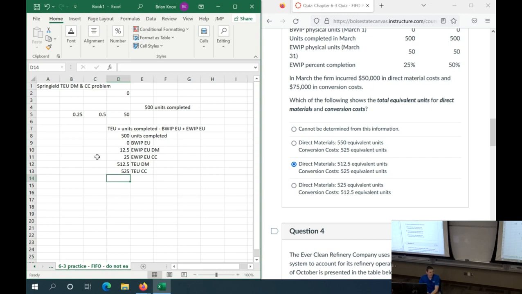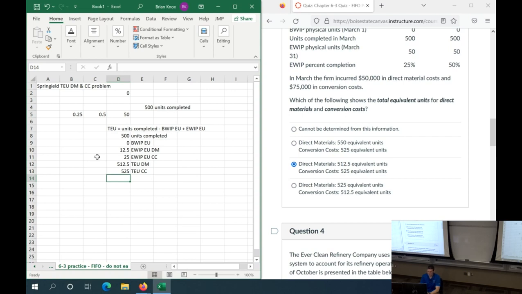So, would this problem be any different if we forgot it was a FIFO problem and did it as if it were a weighted average problem? Would we get the same answer or different answers? Yes. So I would love to claim credit, but it was by accident that I picked this question, and it's the perfect bridging question because it shows when the two methods would be the same.